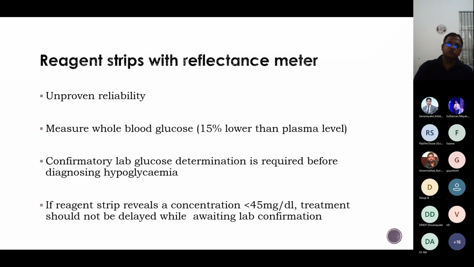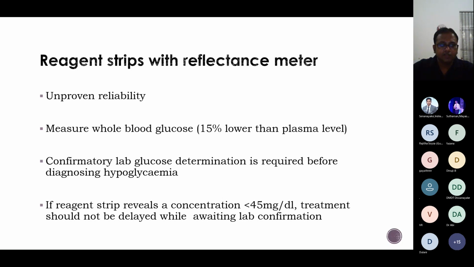Reagent strips, we discussed earlier, have unproven reliability, especially when neonates have low sugar values, and sometimes they can even tolerate values as low as 30 milligram per deciliter. And these strip values are about 15% lower than the plasma level, so it gives a lower value.